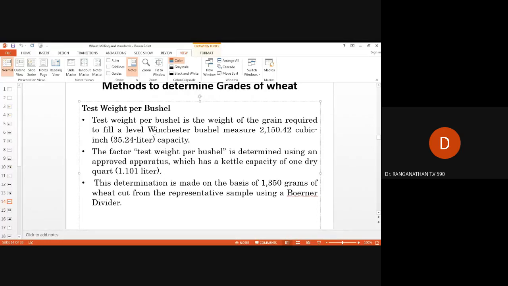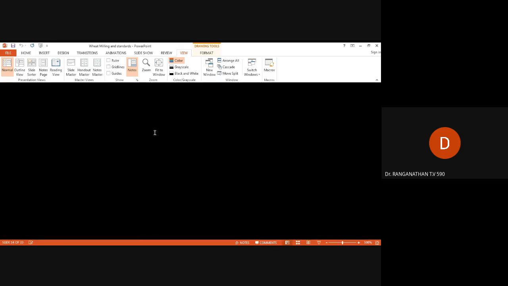Now, normally I literally count 100 or 1000 grains. I find the weight of it. I also find the length and breadth of it. Now, how many times do I repeat? I should repeat at least 10 times and take an average of it to find out the actual density of the grain.